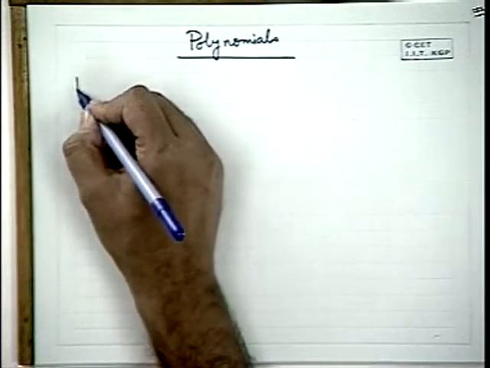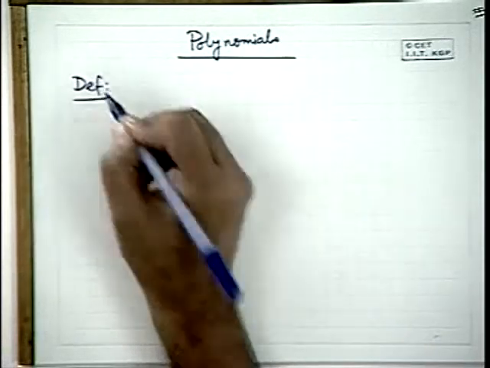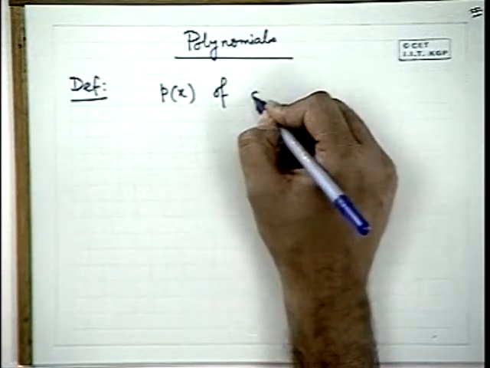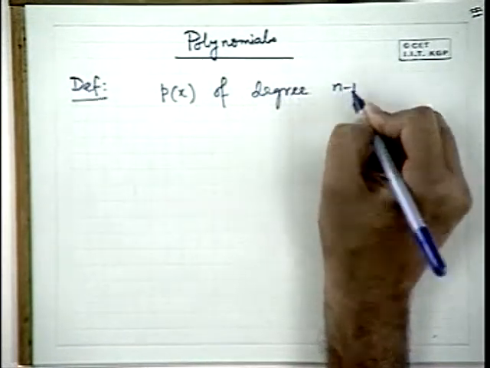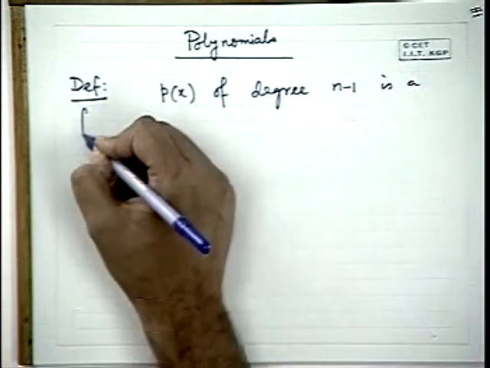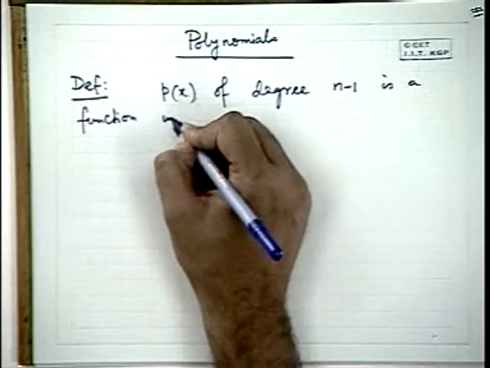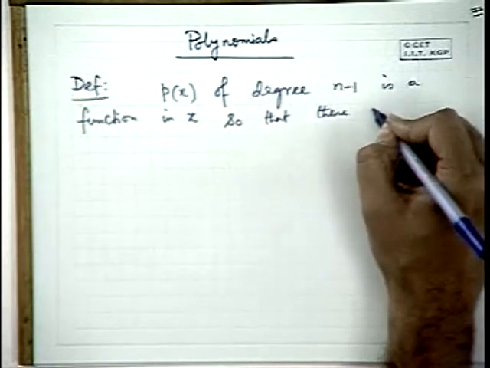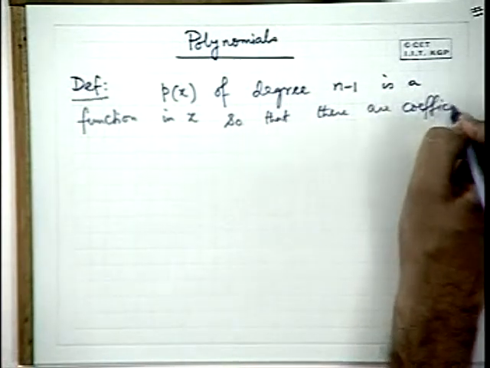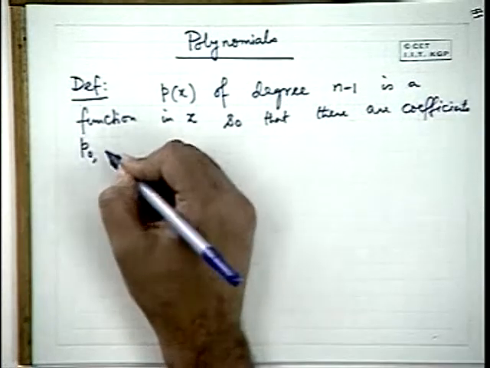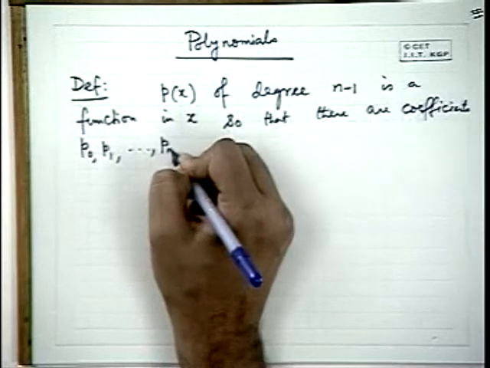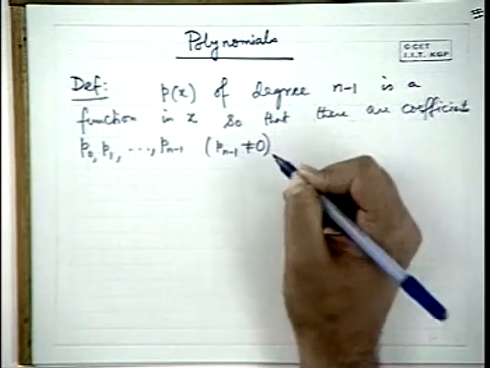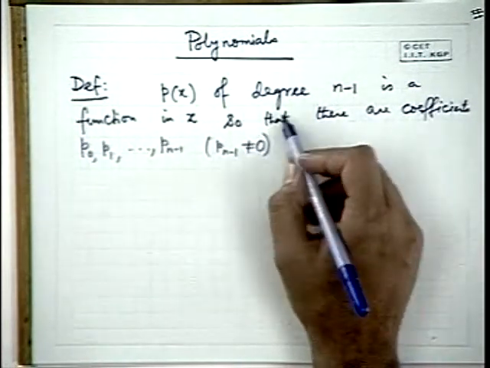Now, let me first define the terms. A polynomial P(x) of degree n minus 1 is a function in x, so that there are coefficients, I am denoting them as P0, P1 up to Pn minus 1, where Pn minus 1 is not equal to 0, otherwise the degree does not become n minus 1.